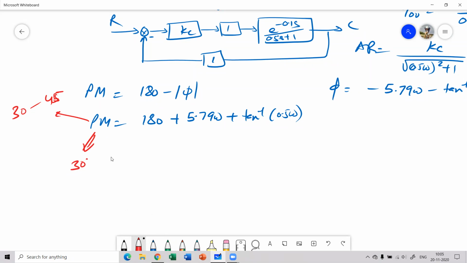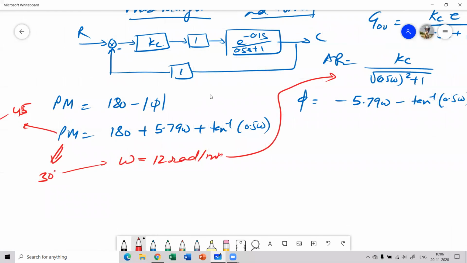So if you take a phase margin of 30 degrees, we can calculate the omega. Let's say the omega comes out to be 12 radians per minute. Upon substituting this omega in this equation, we can calculate your Kc.